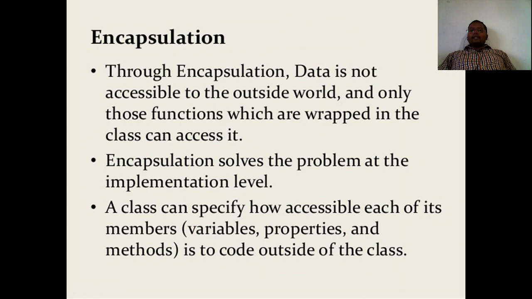Through encapsulation, data is not accessible to the outside world, and only those functions which are wrapped in the class can access it. Second, encapsulation solves the problem at the implementation level. A class can specify how accessible each of its members, variables, properties, and methods is to code outside of the class.